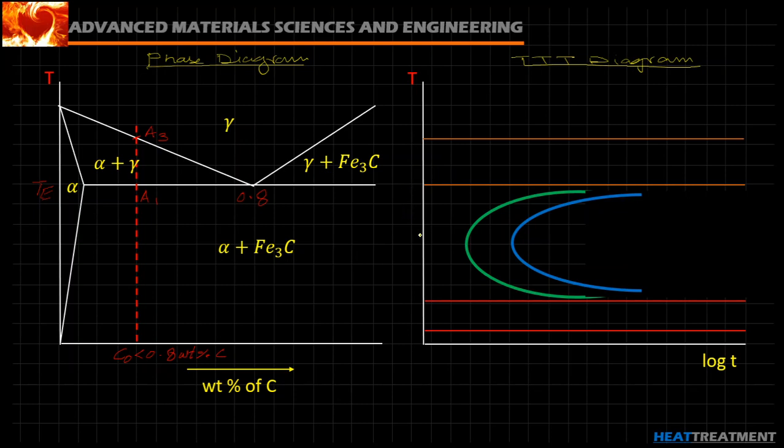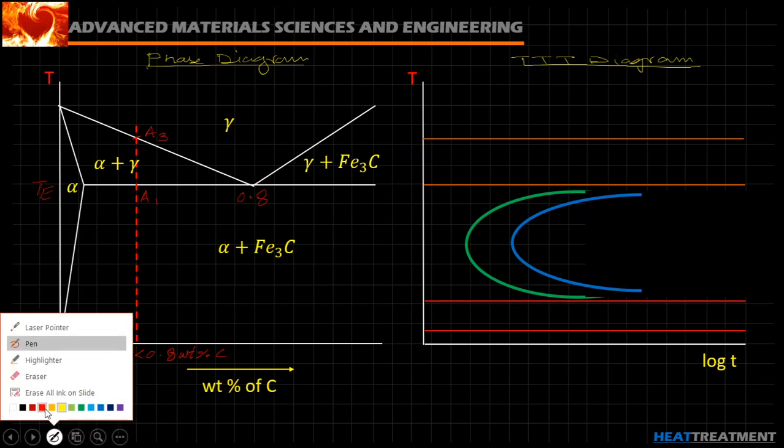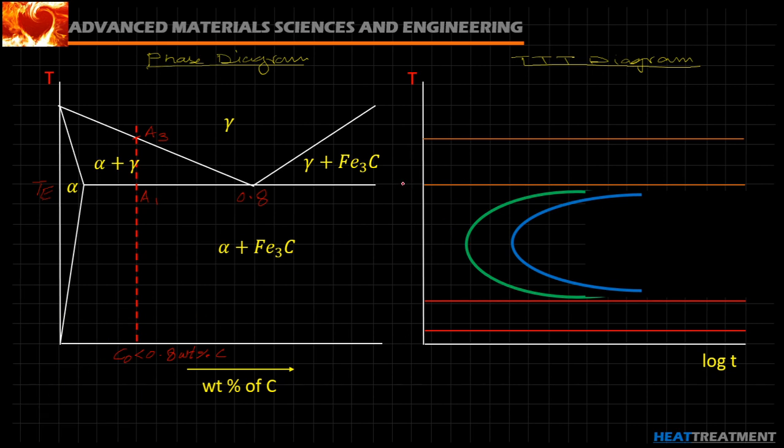We draw horizontal lines corresponding to the critical temperatures. This is A1 and A3. Similarly, at lower level, we draw the lines for the case of start of martensite and finish of martensite.